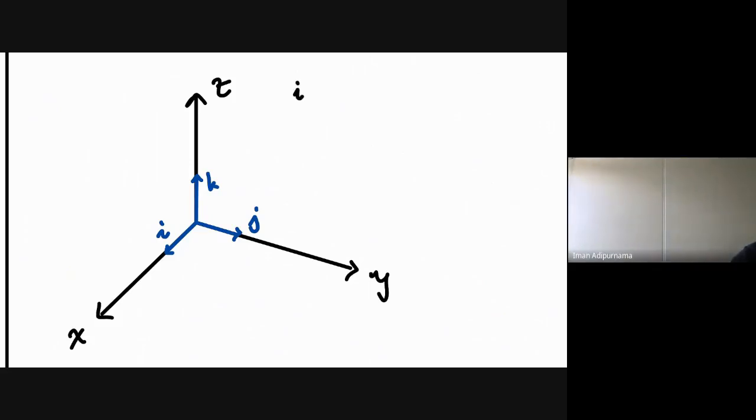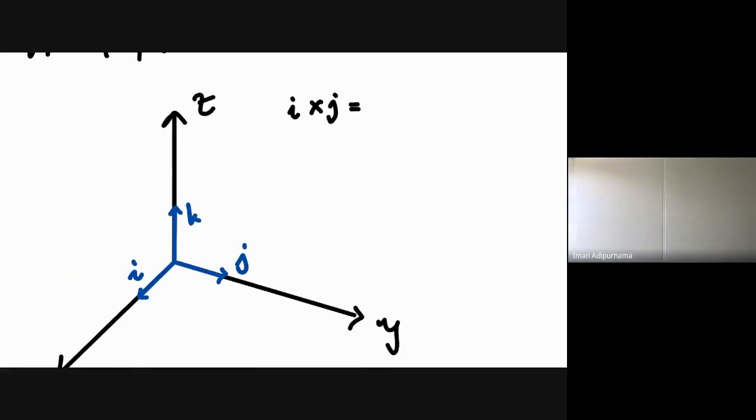But let's say we have I, and then we cross with J. What is it equal to? So I cross J. How do you do it with your hand? Using your right hand, starting from the I here, and then cross to J. Imagine like this and it's going up, right?